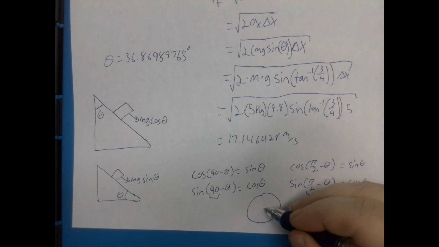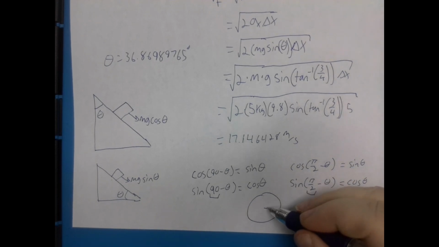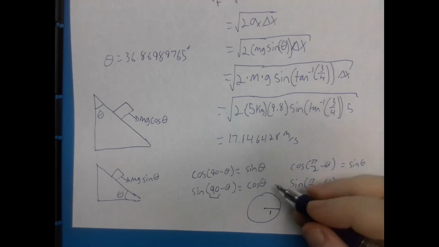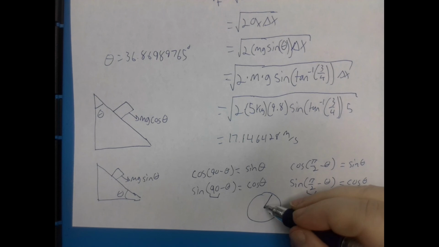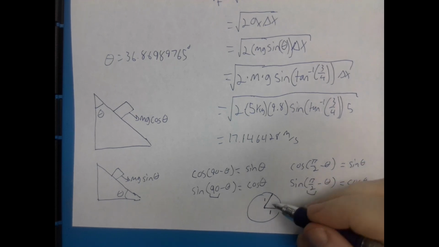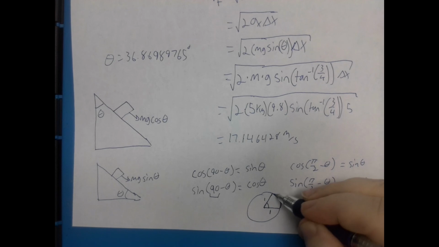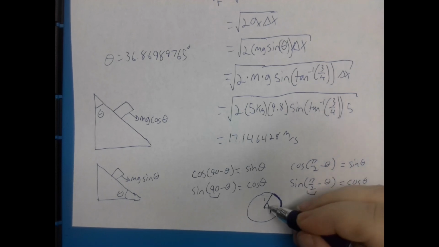You know what a radian is? So if we have a circle where the radius is 1, and if we drew this, so it's a unit circle, so the radius is always 1. If we draw this angle so that this distance right here, the length of this arc, is equal to this angle, we call that a radian.